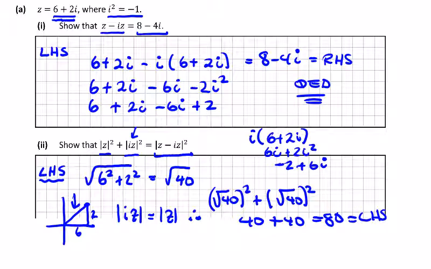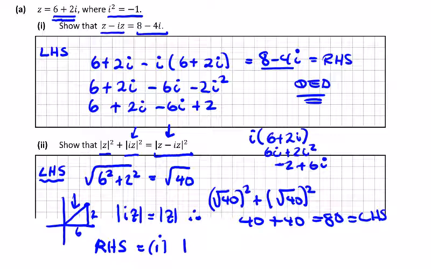So now let's look at my right hand side, this guy. It's the modulus of z minus iz, what we have up above. It's what we got here, 8 minus 4i. So actually, spot that now, the right hand side is equal to part 1.